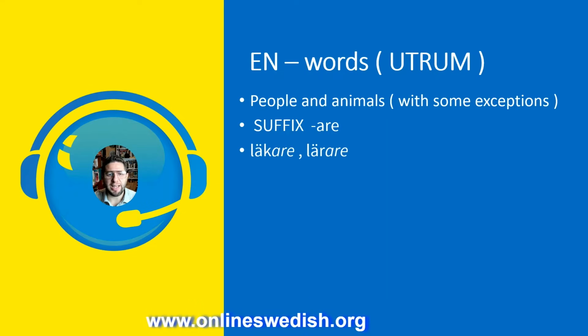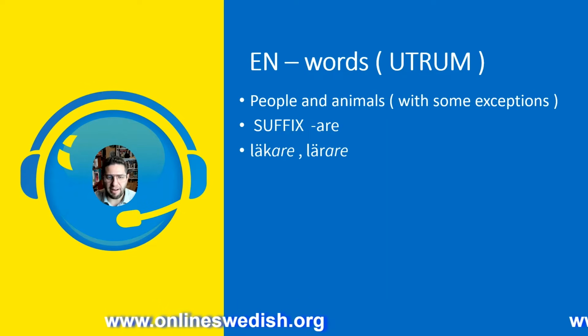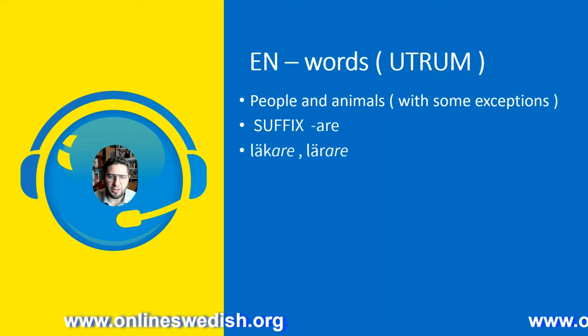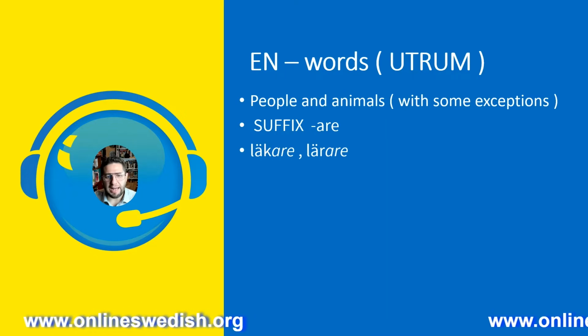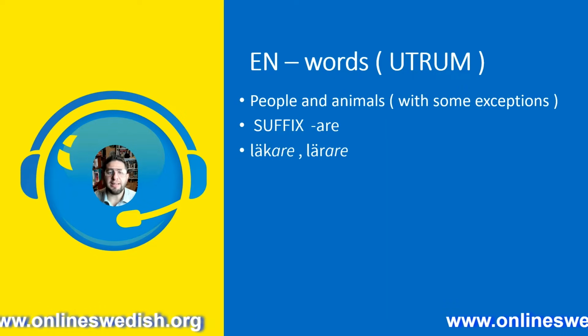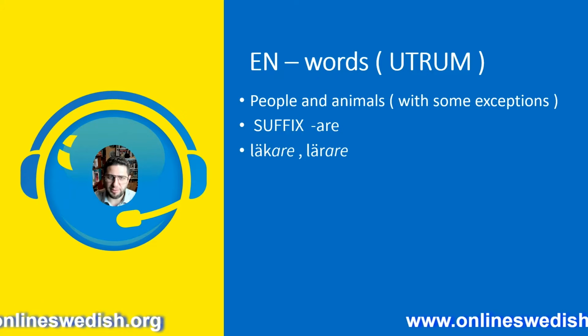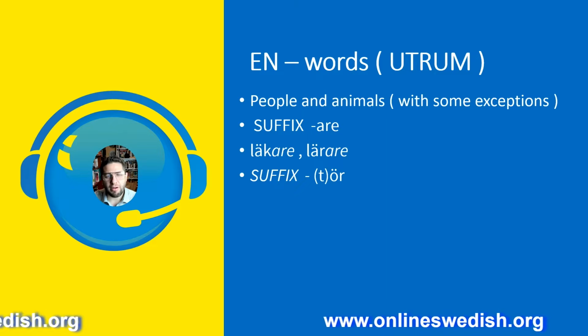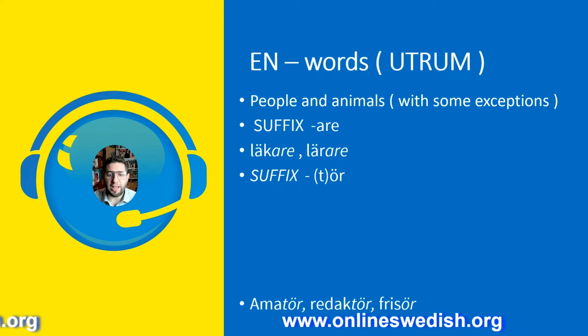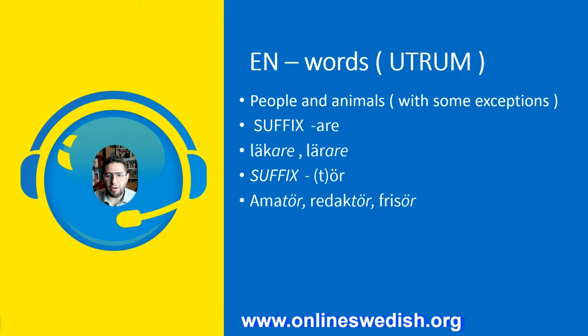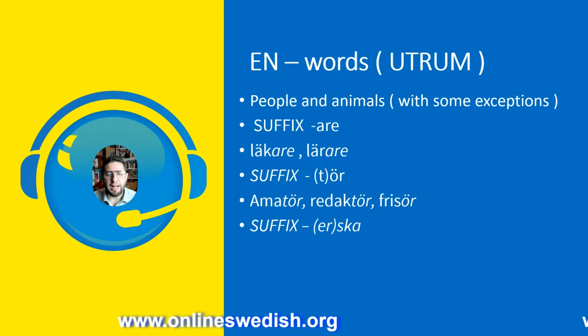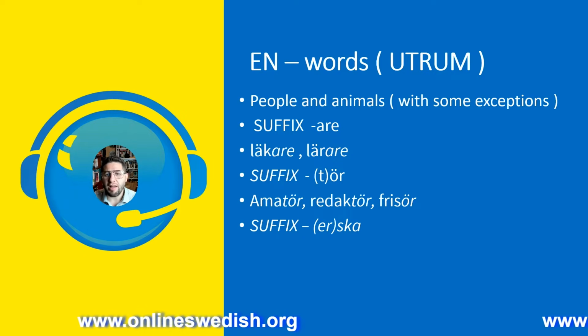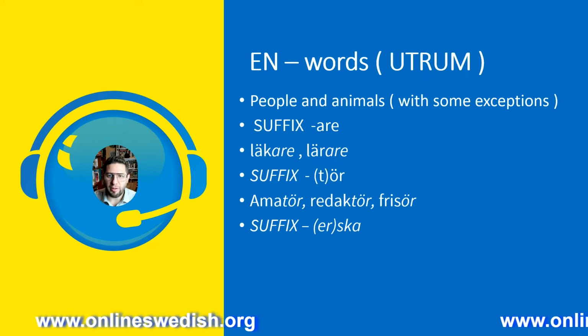For example, when you say läkare, lärare, doctor, teacher. So suffix are indicates that we have en words. As well as we have suffix tör, when you say amatör, redaktör, frisör. It's also people, where you have amateur, editor, barber.